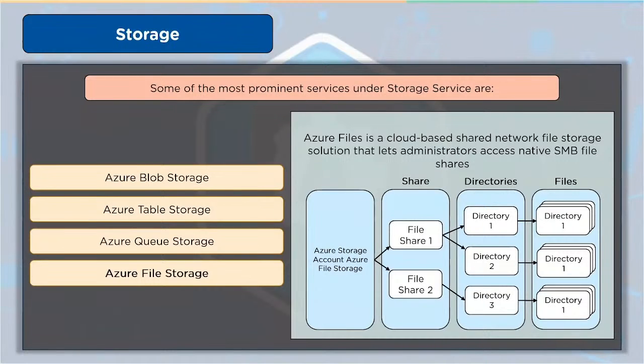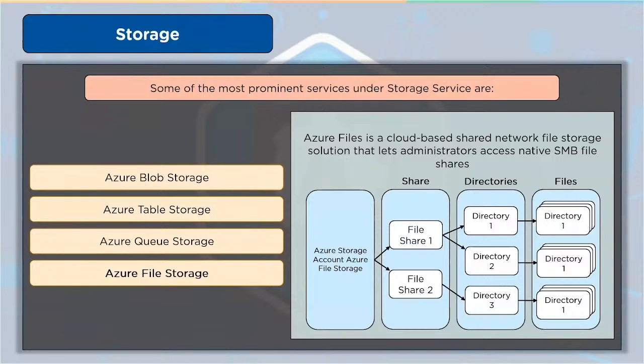Windows, Linux, and macOS clients can access SMB Azure file shares. Clients running Linux or macOS can access NFS Azure file shares. Additionally, using Azure File Sync, SMB Azure file shares can be cached on Windows servers for rapid access near where the data is used.